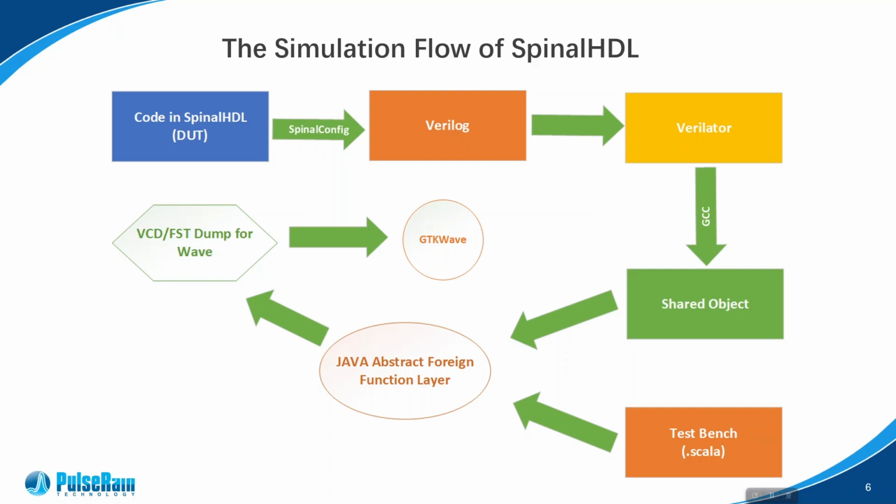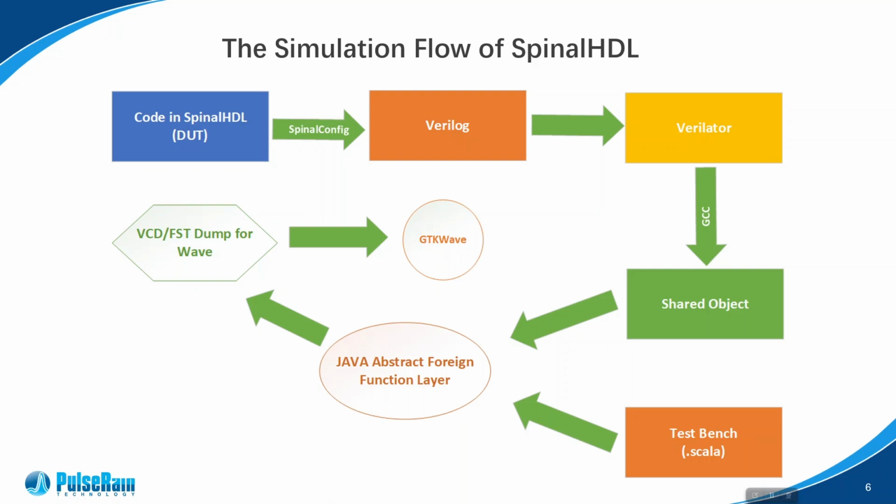As shown in this diagram, the DUT will be compiled into Verilog and passed on to the Verilator. The Verilator will turn them into C++ code and use GCC to make a shared object. The test bench is in Scala language, and together with the shared object, they will finally produce the waveform dump.